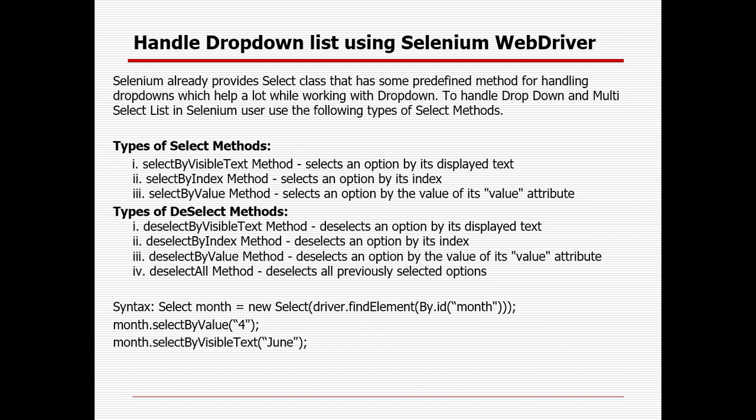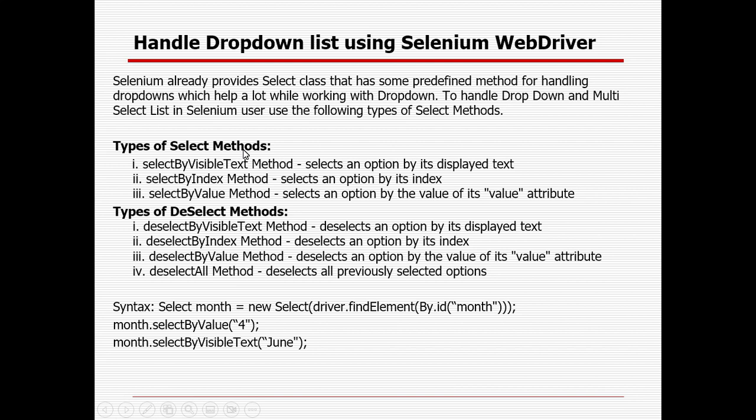But here, when selecting, the other one is automatically unselected. In case there is only one option, you can select it. But in case there are multiple options, you can select and deselect them. So there are options called deselectByVisibleText, deselectByIndex, deselectByValue. And in case you have already selected 5 options but want to deselect everything, there is an option called deselectAll. That is very rarely used, so you don't need to worry about it. You need to know how to select a value from the drop down list with the help of these different methods.